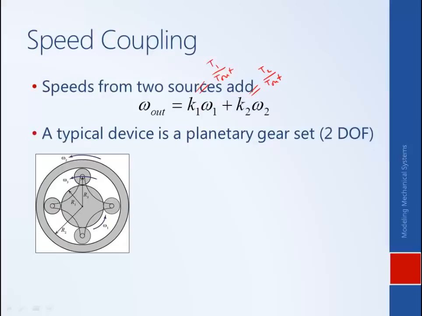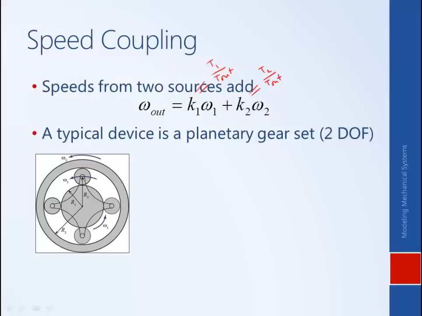And so in this case, we can sort of imagine that the IC engine is connected to this gear, which we call the sun gear, the central gear. And let's say the electric motor is connected to this outer gear, which is a ring.